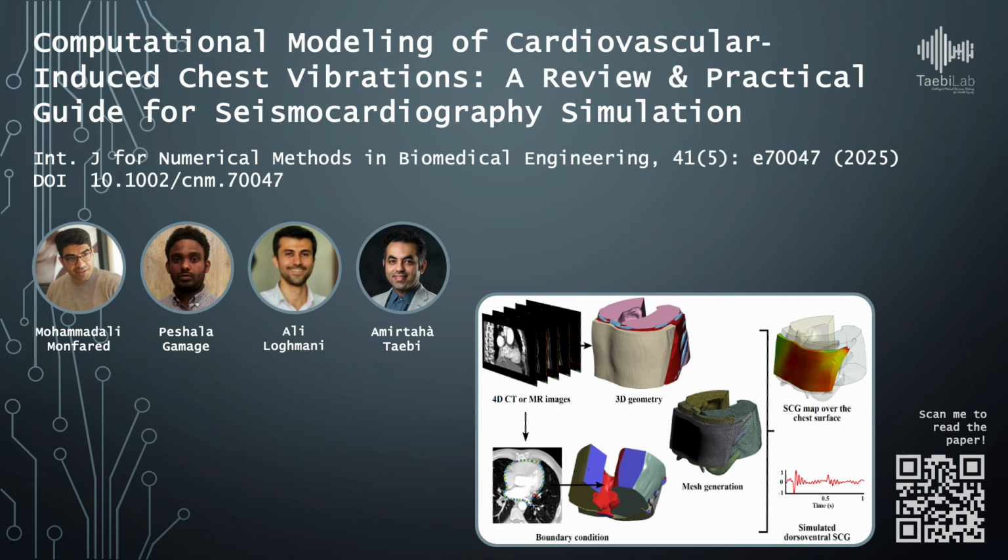Can you give us a solid example of something FEM helped clarify? A really significant one highlighted in the review is soft tissue thickness. Think about patients dealing with obesity. The FEM simulations showed that just a 1 centimeter increase in chest soft tissue can slash the SCG vibration amplitude by a factor of 2 for the first heart sound, and maybe a factor of 3 for the second heart sound.